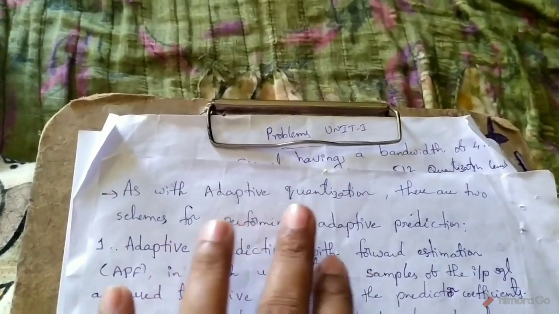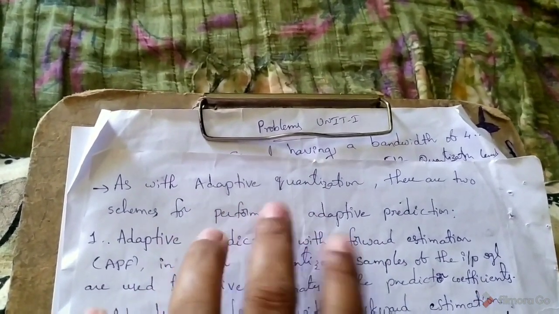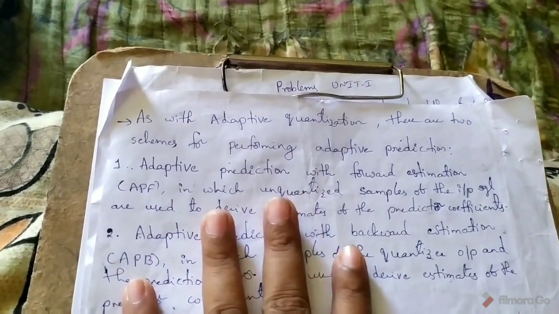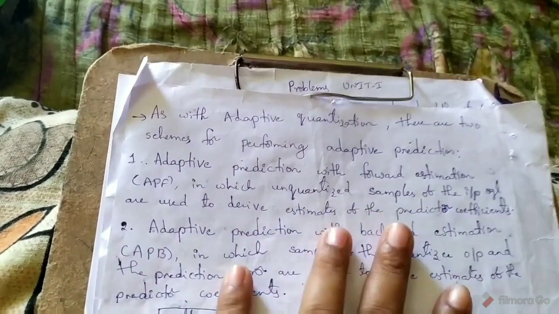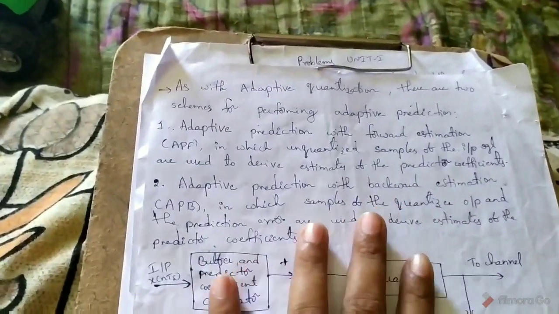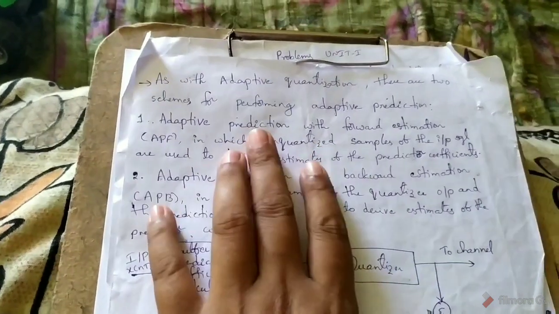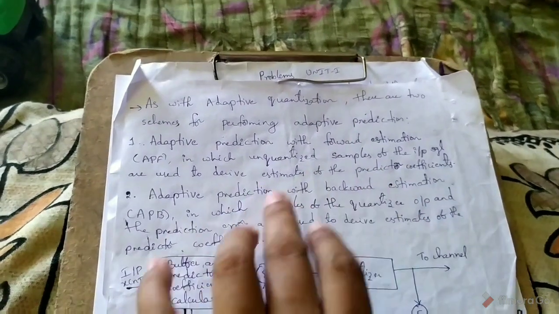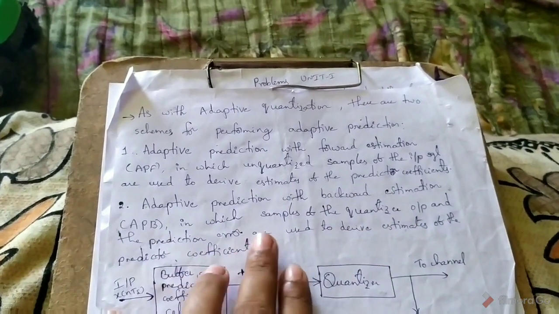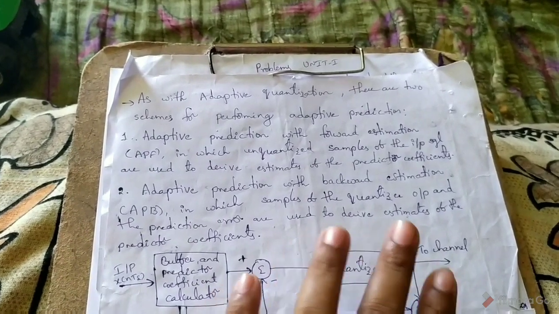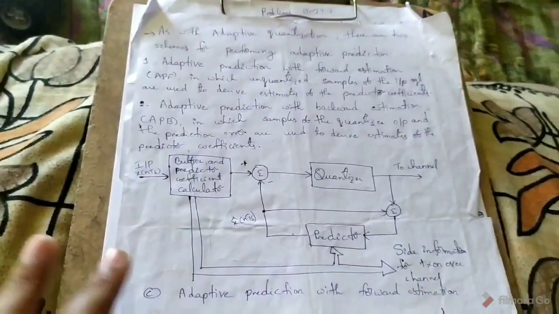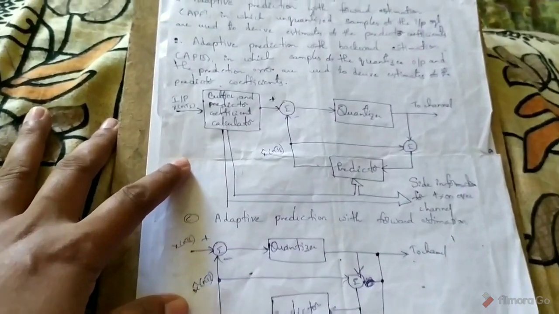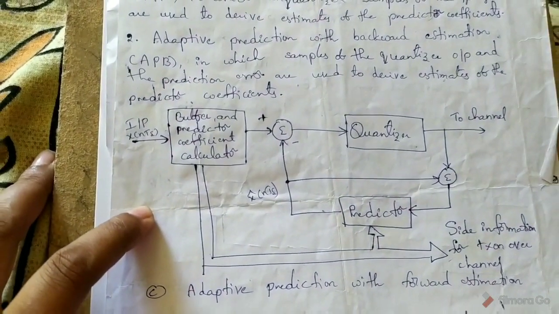As with adaptive quantization, there are two schemes for performing adaptive prediction: adaptive prediction with forward estimation and adaptive prediction with backward estimation. In the first, unquantized samples of the input signal are used to derive the estimates of the predictor coefficients. And in the second, samples of the quantizer output and the prediction error are used to derive the estimates of the predictor coefficients. See the diagram: buffer and predictor coefficient calculator.